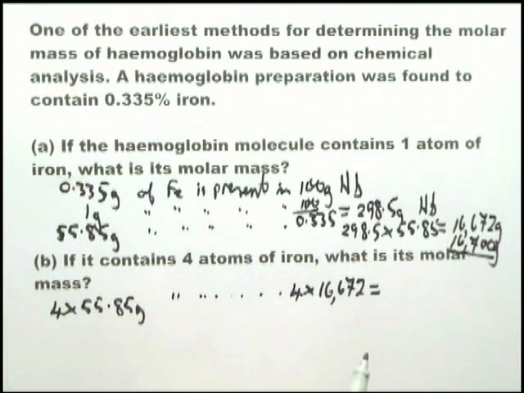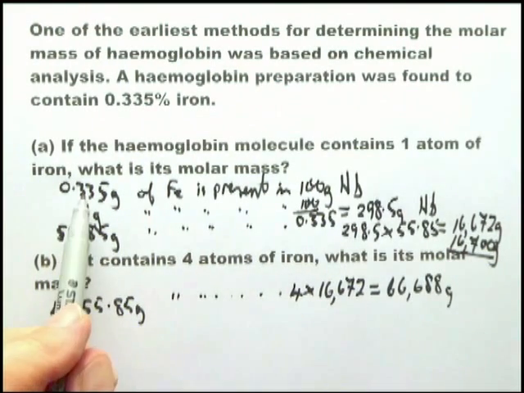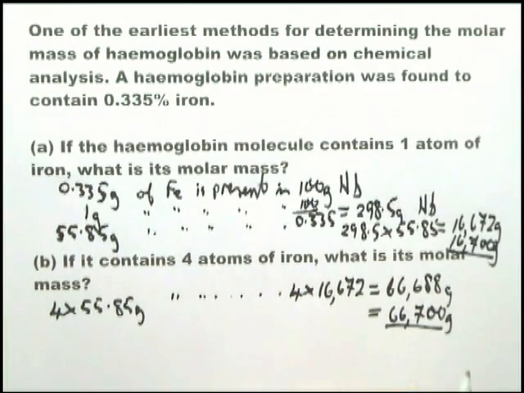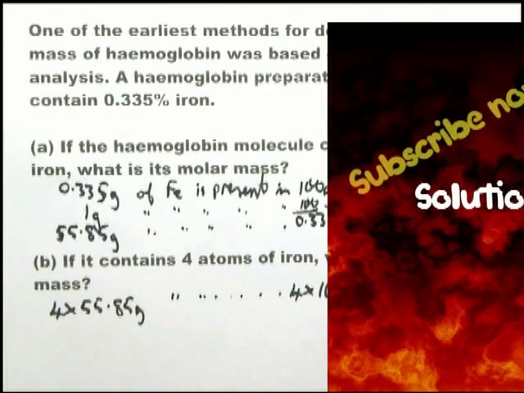It may not be necessary, but I go back to that number. That gives 66,688 grams. And then I change it to 3 significant figures, which equals 66,700 grams. And that is the molar mass if it contains 4 atoms of iron.